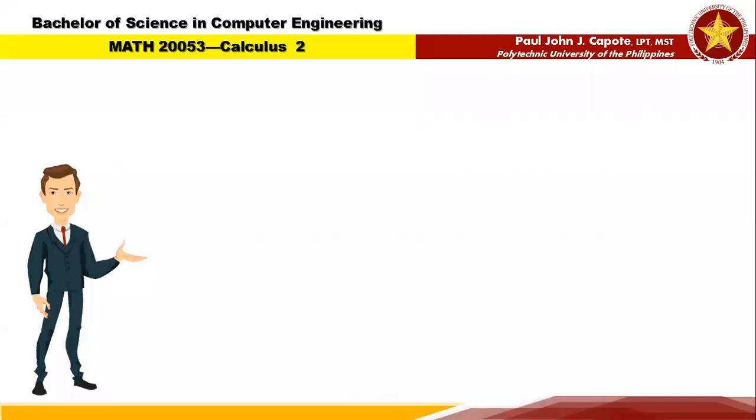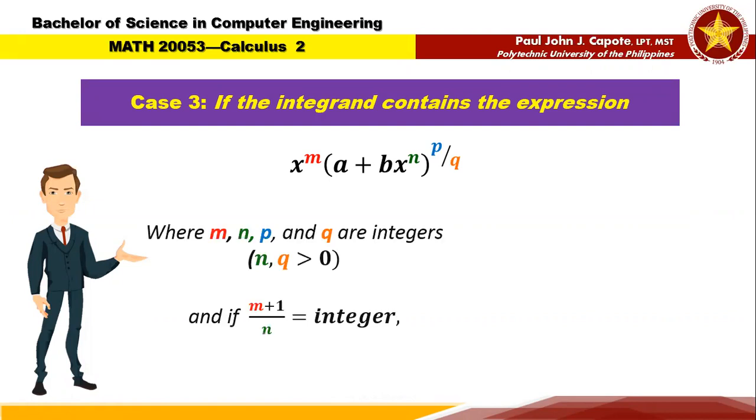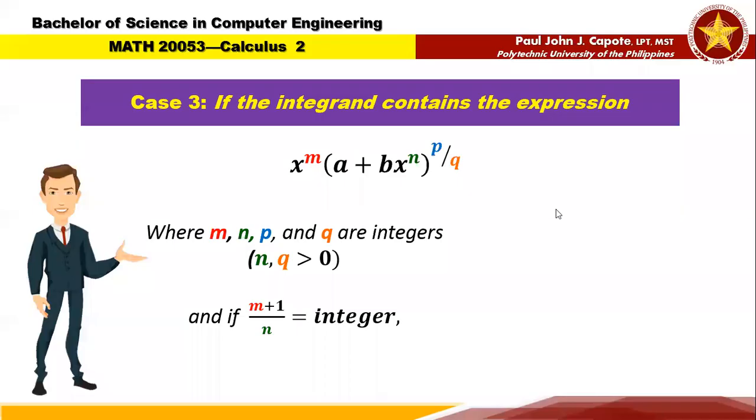Let's have case number 3. Case number 3 is applicable if the integrand contains the expression x raised to the power of m times the quantity a plus b times x raised to n all raised to the power of p over q, where m, n, p, and q are integers, and n and q are positive integers.